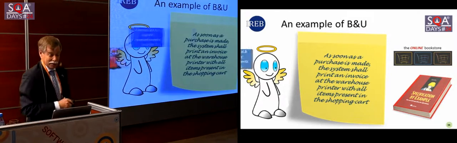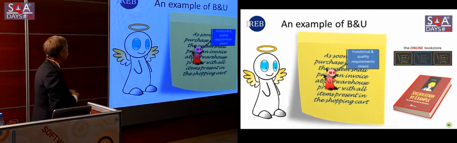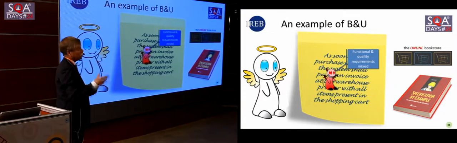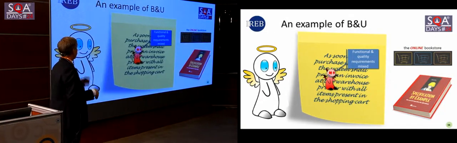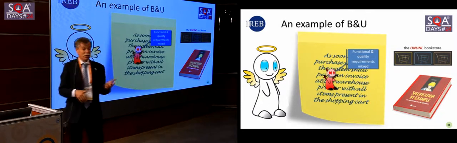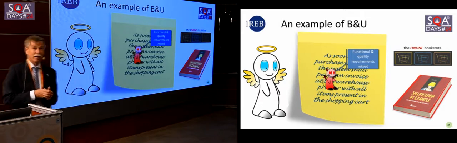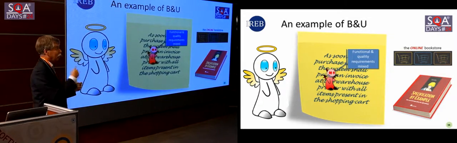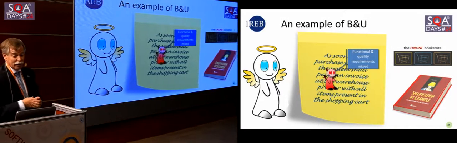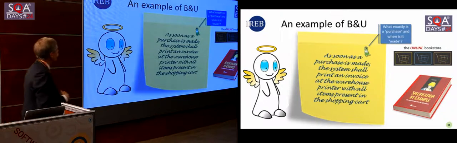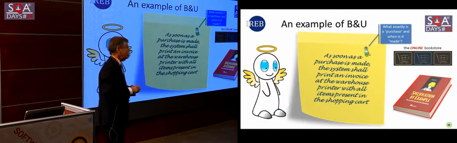It contains bad and ugly. For instance, we have here functionality and quality mixed. Functionality is print an invoice. Quality is as soon as it's processed or printed at the warehouse printer. So it's not atomic. And well, you'll need different test cases to find it. What exactly is a purchase and when is it made?